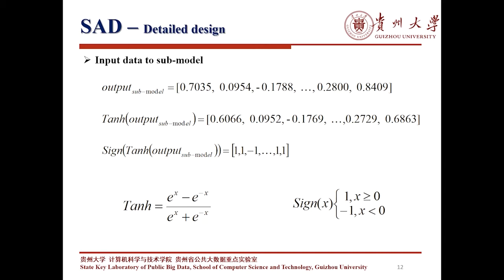Our approach here is to first use Tanh to limit the output value to between 1 and -1, and then use Sign to make the non-negative value 1 and the negative value -1.